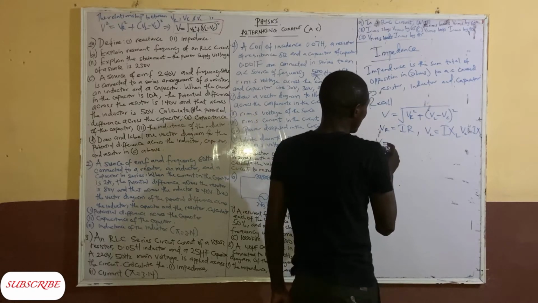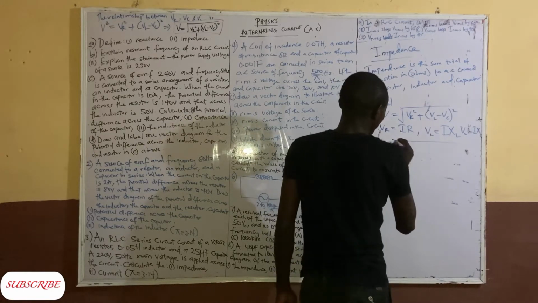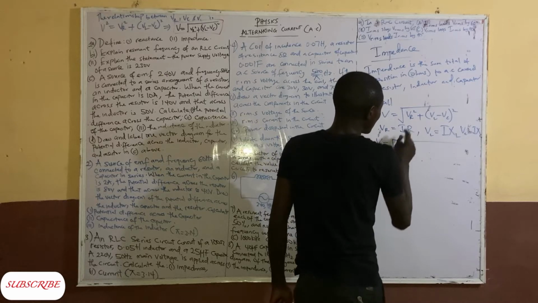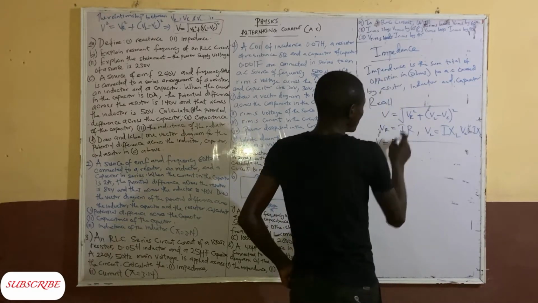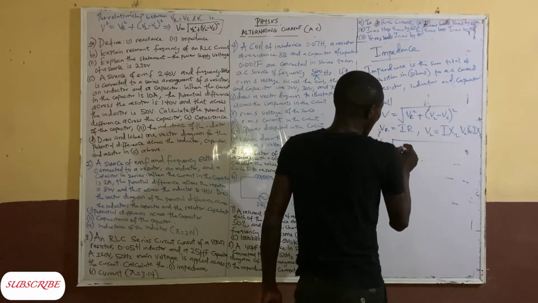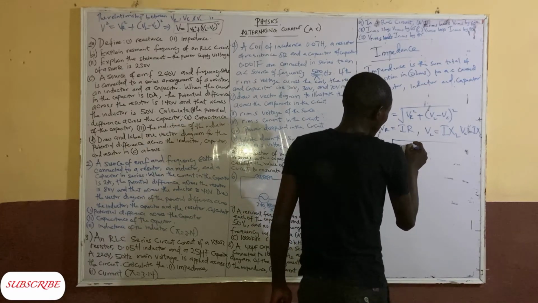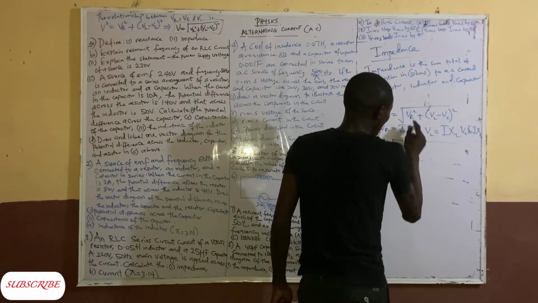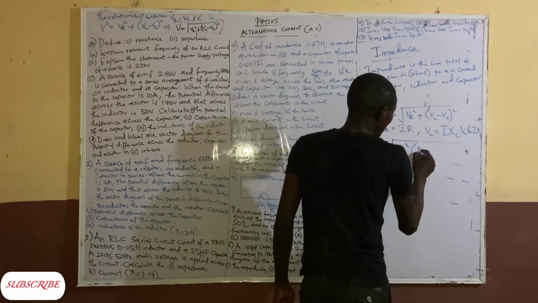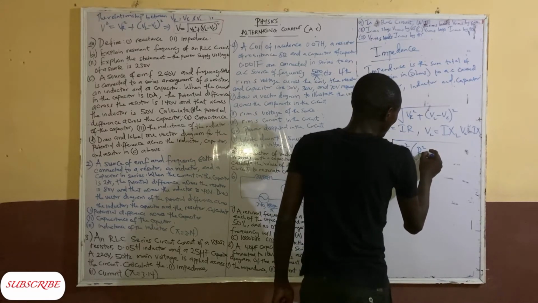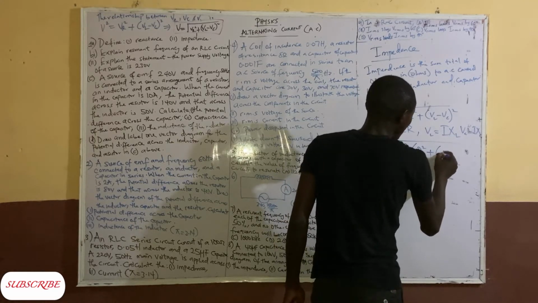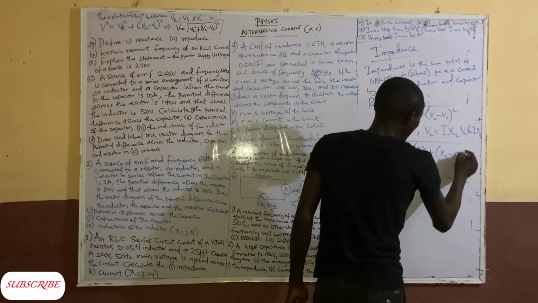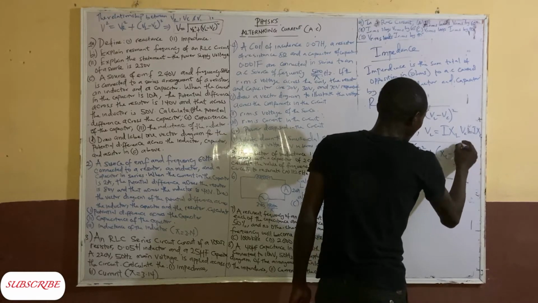Now when we put this inside this, you are going to have V equal to I into bracket, because I squared is outside, R squared plus open bracket XL minus XC bracket.